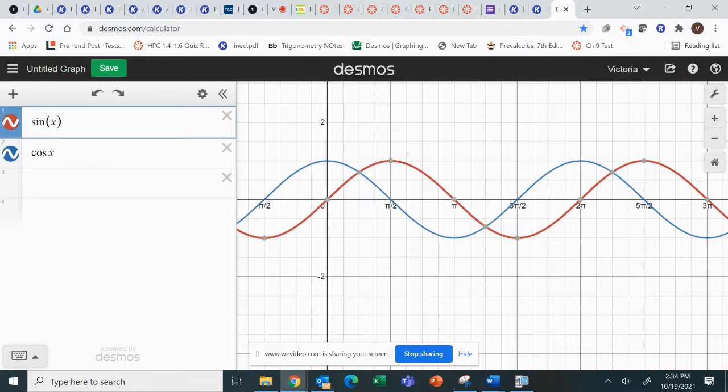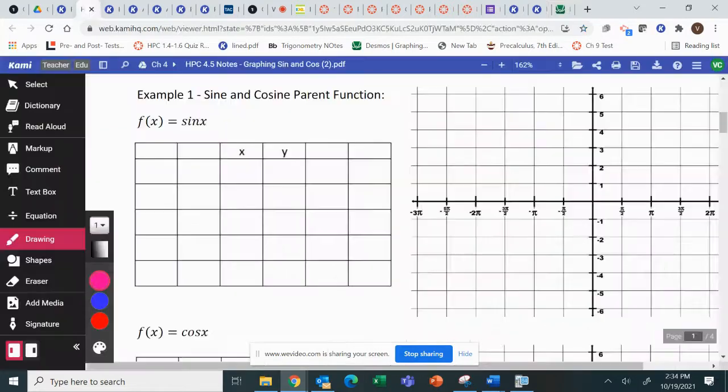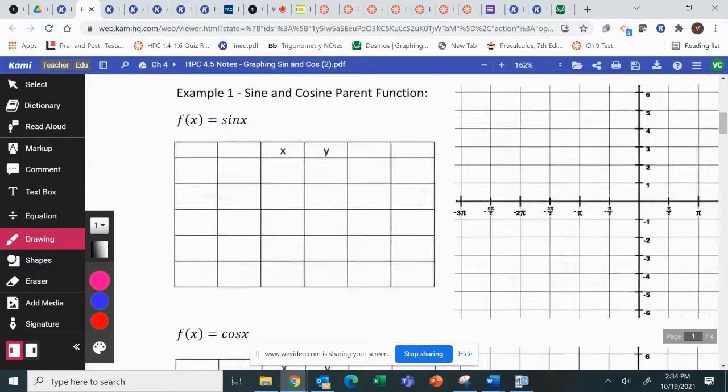I need to figure out how high up it goes and how low it goes. There's only 5 points that I need. And I will not have Desmos in front of me when I take a test or a quiz, so possibly having a way to figure it out without that is helpful.